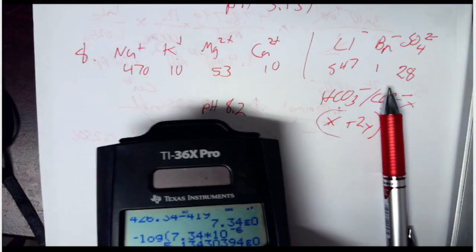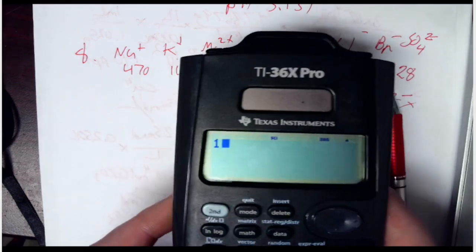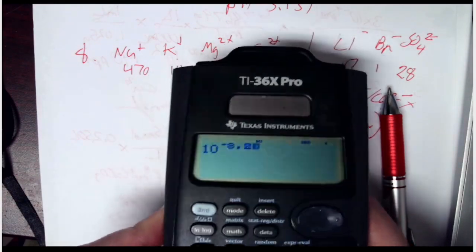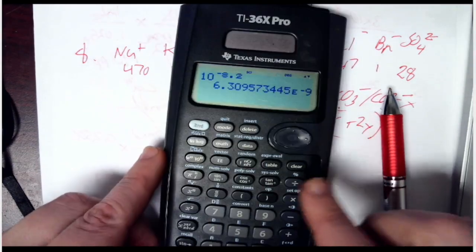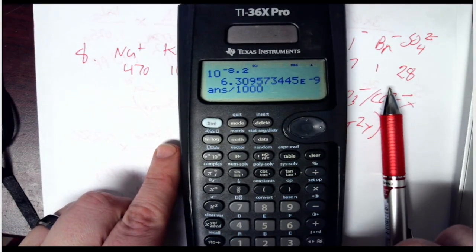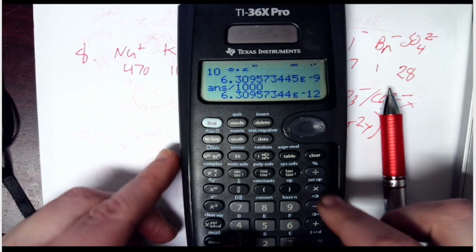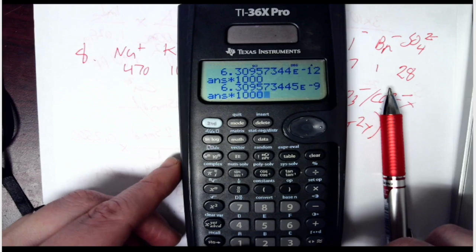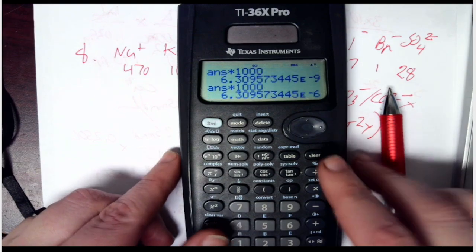If you did 10 to the negative 8.2 and multiplied by 1,000 to get this into millimoles, it's still a rounding error.